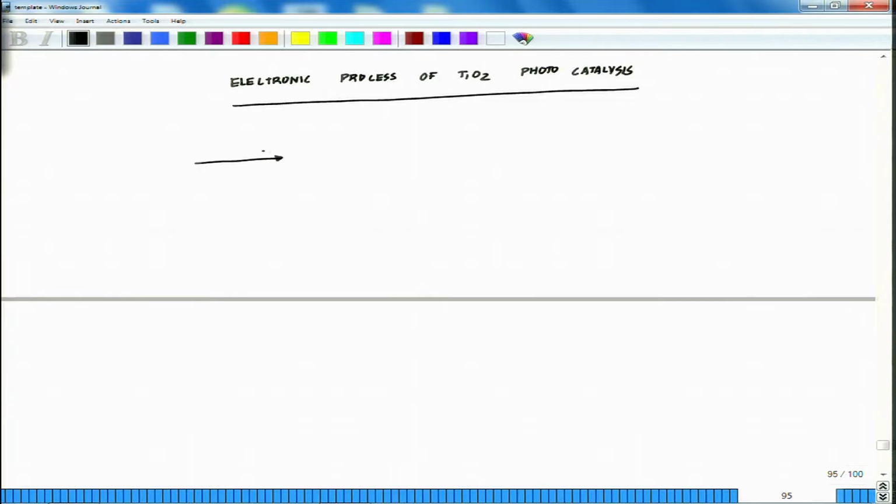So, there is an acceleration. There is a reaction happening, and this reaction is getting accelerated when a material, usually a semiconductor, interacts with light of sufficient energy or of a certain wavelength.